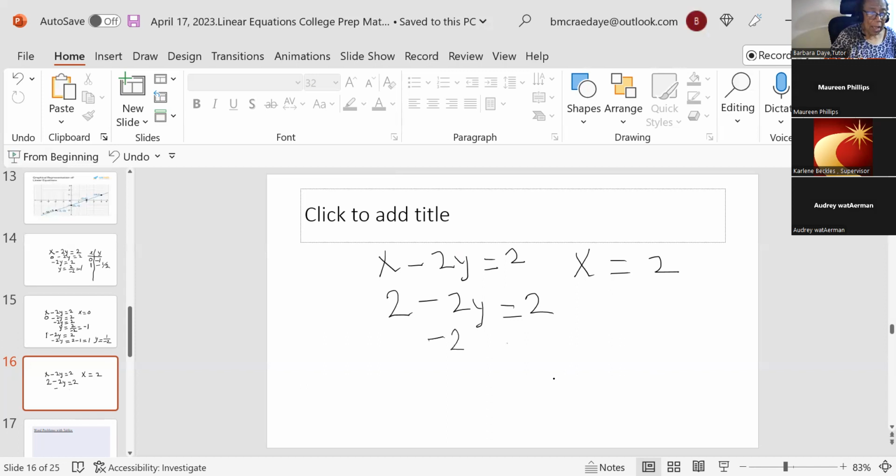Minus 2y equals 2 minus 2, equal to 0. So now you've got minus 2y equals 0. Now, what would be your next step, Audrey, to solve just for y?